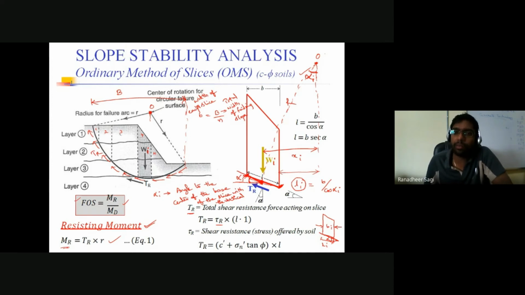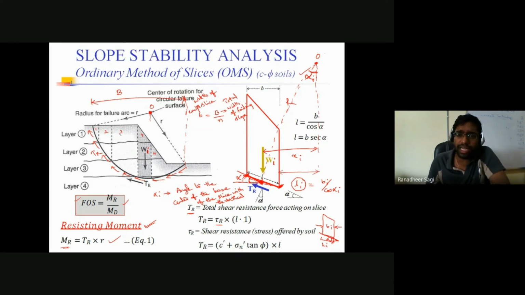So Li is nothing but the width of that particular slice, Bi, divided by cos of the angle alpha i of that particular ith slice, because as we said, the failure surface makes different angles of inclination at different positions. So I am writing it as alpha i specifically.